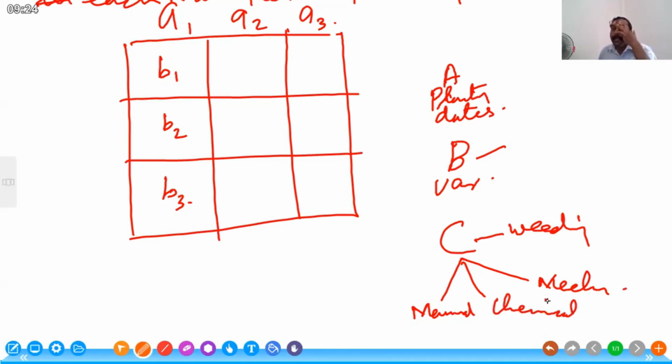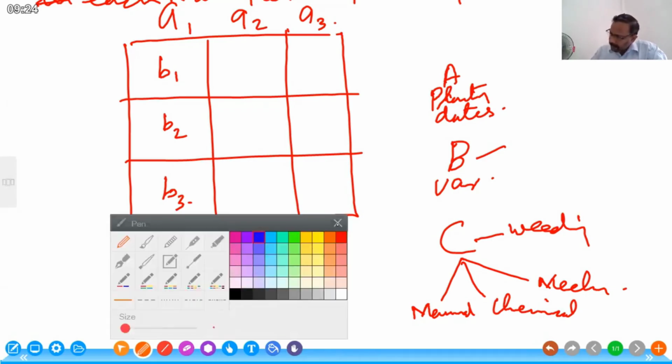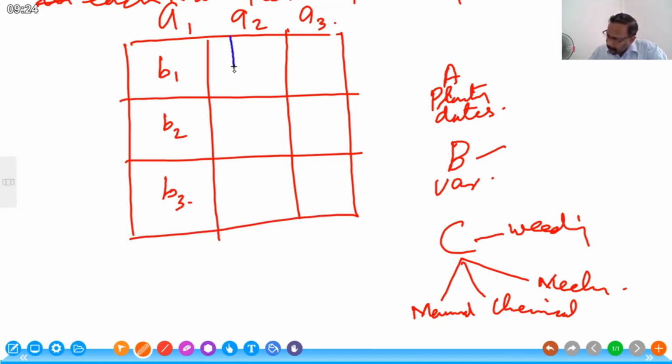Let's say we have 3 types of weed control. Weed control comes maybe only after establishment. We want to apply it now. I can apply it like this. I'm just showing it in one plot; you can do it in the others.